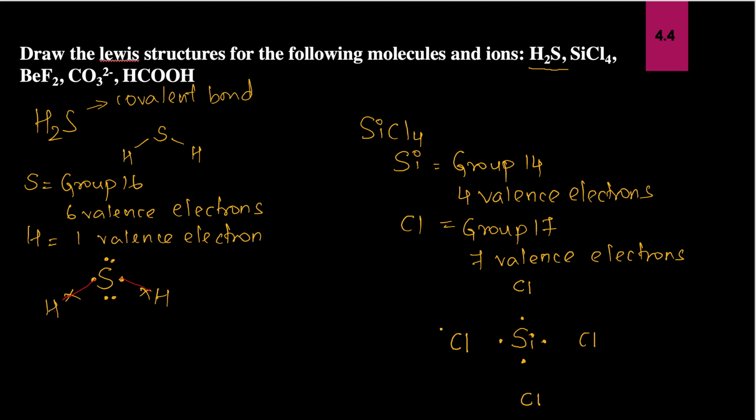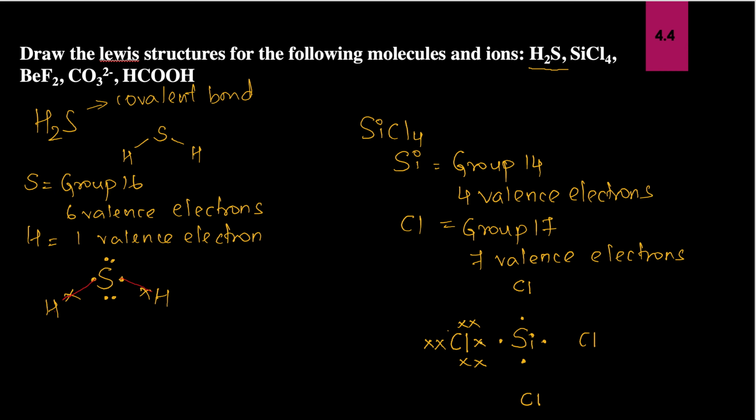Now each chlorine has 7 electrons. So let's start with the one here. I'll have 1, 2, 3, 4, 5, 6, and 7. So you see around this I have 7, this chlorine.